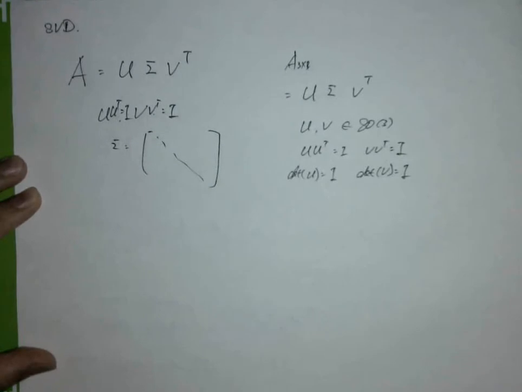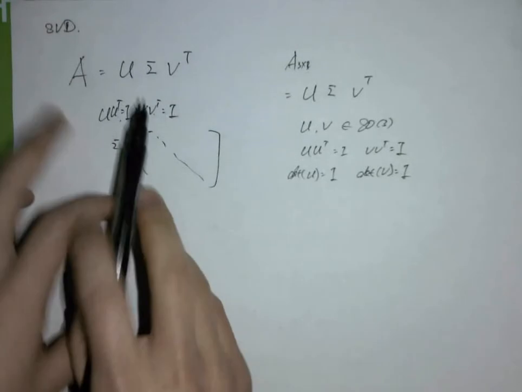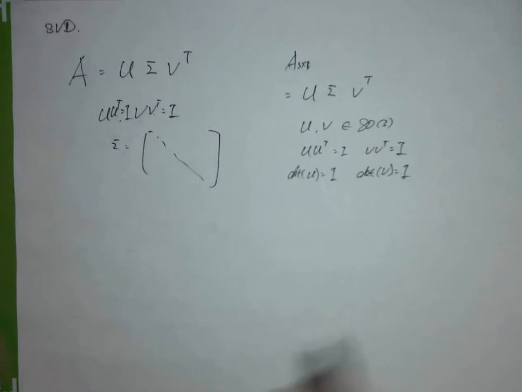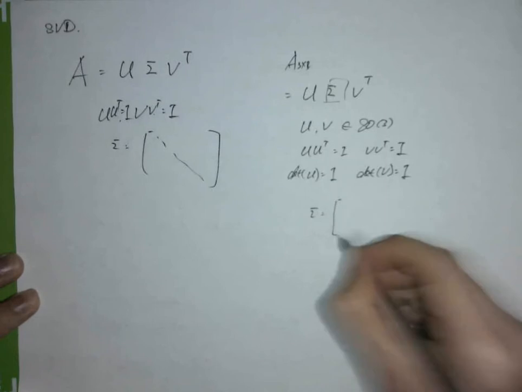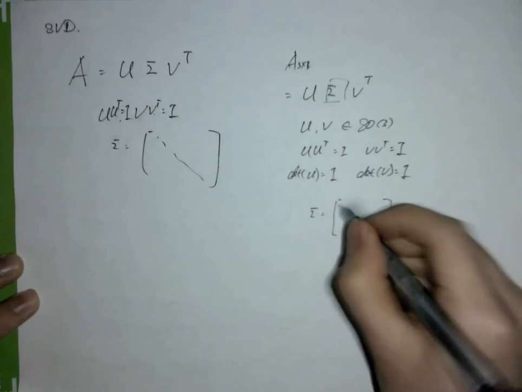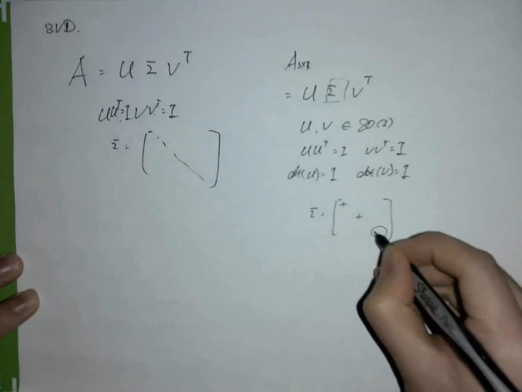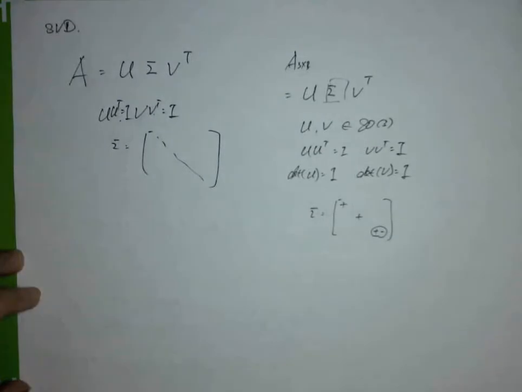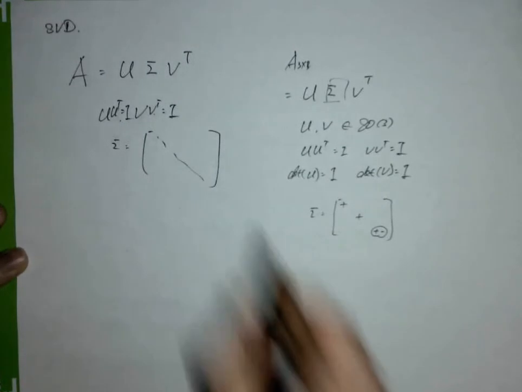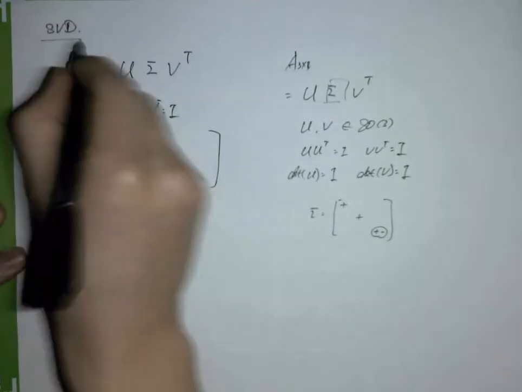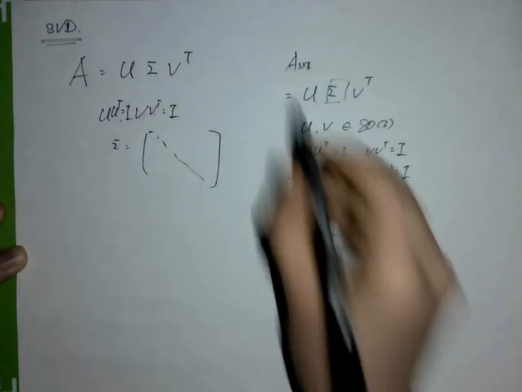So I add an extra constraint to this singular value decomposition. In that case, I allow the last element of sigma to be negative. The other elements are positive, and the last one can be either positive or negative. It is pretty simple to do the traditional SVD and make some alteration to get our new SVD here.